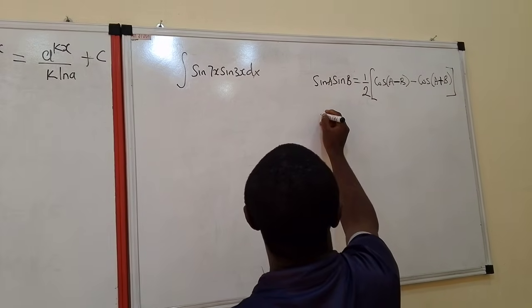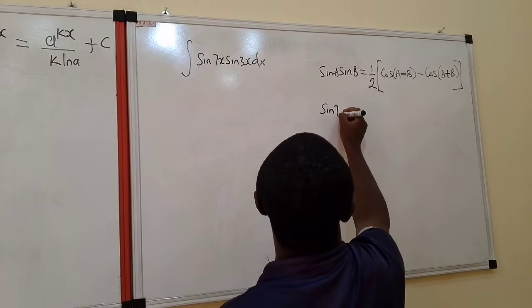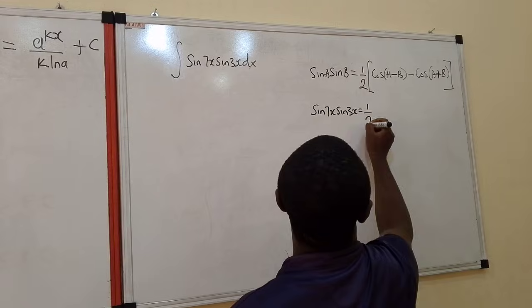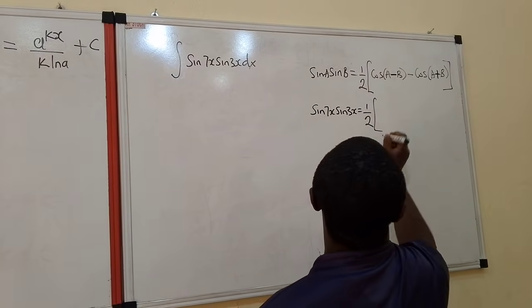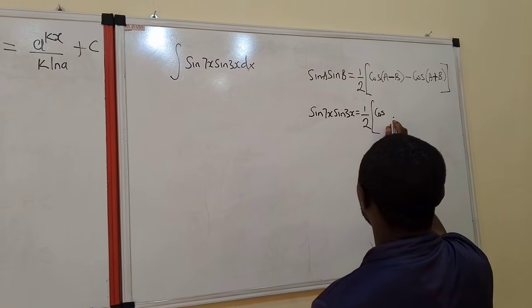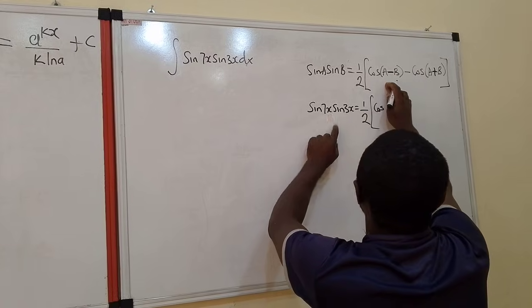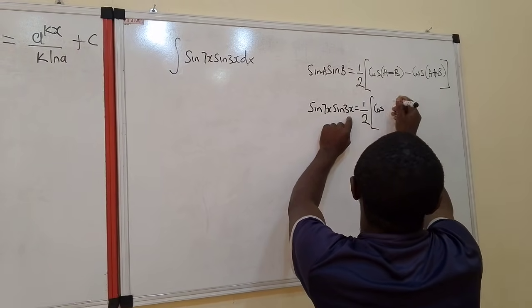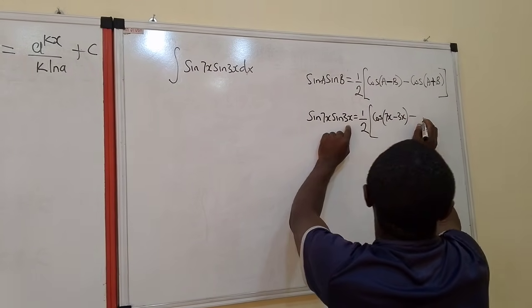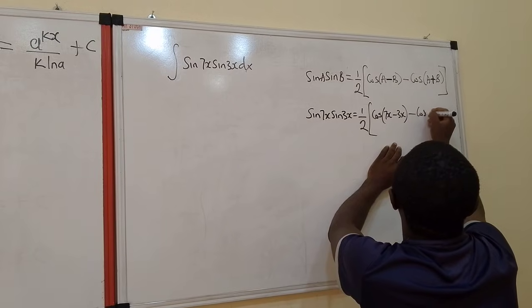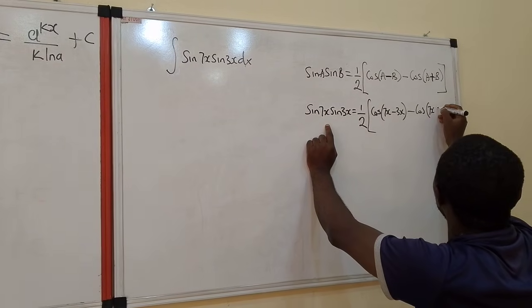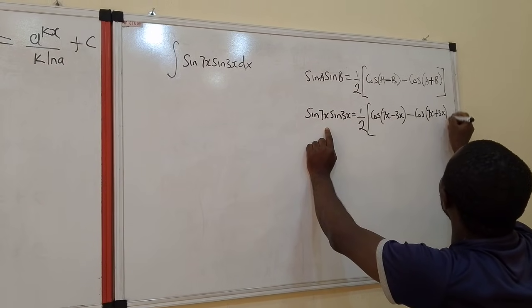It means that sine 7x sine 3x now will be 1 over 2 cos A, where our A is 7x and our B is 3x, 7x minus 3x, minus cos A is 7x, 7x plus 3x.